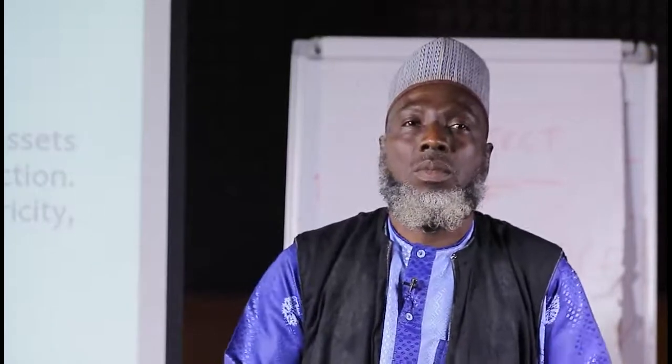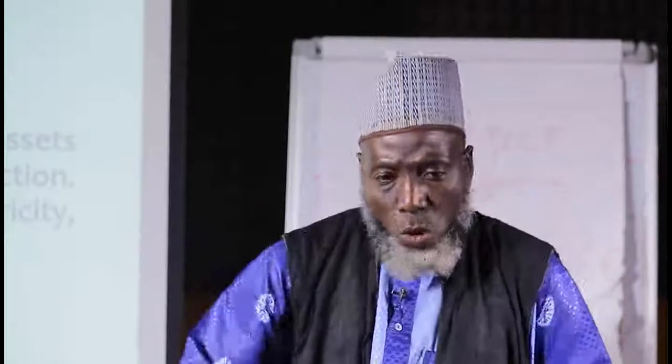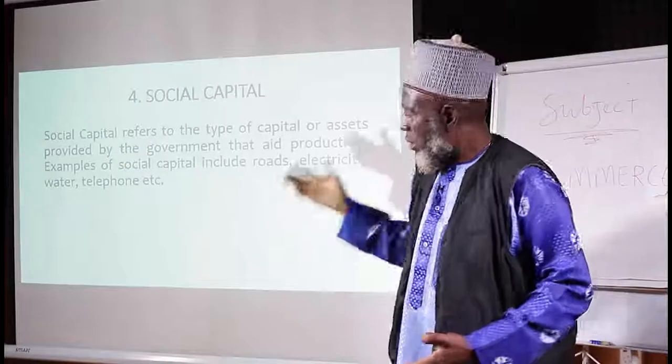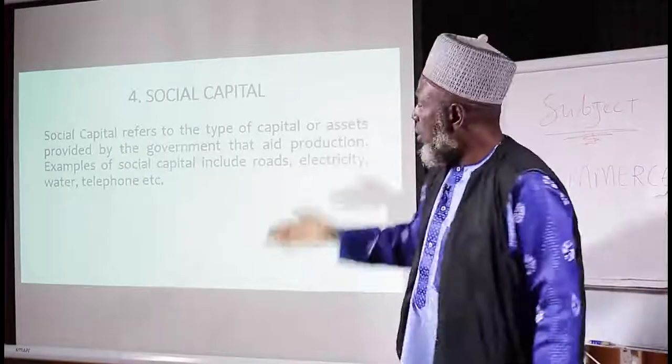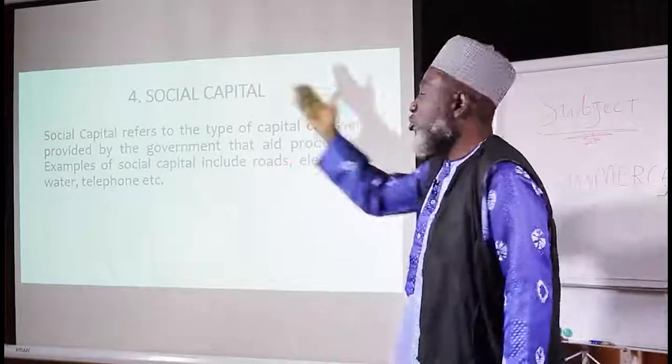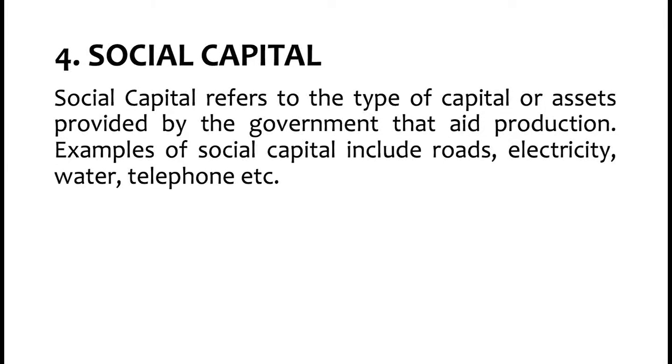Good routes that will link business people to obtain their raw materials from different sources to take them to their factory. At the same time, roads that will lead them to take the goods produced to different places for sale. It's an example of social capital. Not only that, we have another example of social capital as electricity provided by the government, as well as water, as well as telephone, and so on and so forth.